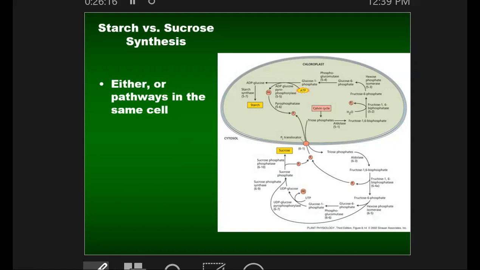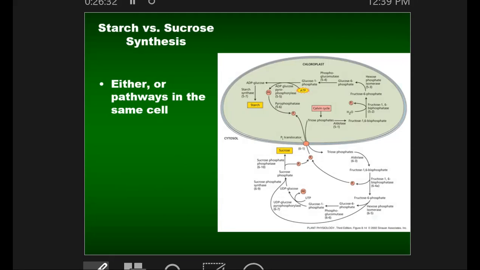You remember what the three-letter acronym is in the Calvin cycle? Get it built up, and then some of it goes off into sucrose. What's the name of that molecule? G3P.